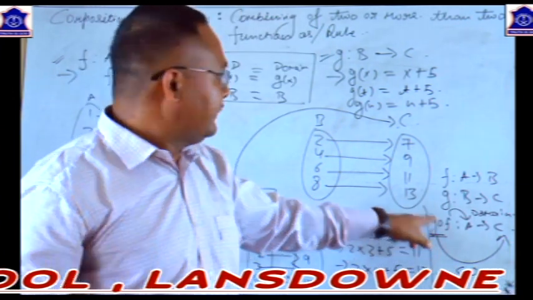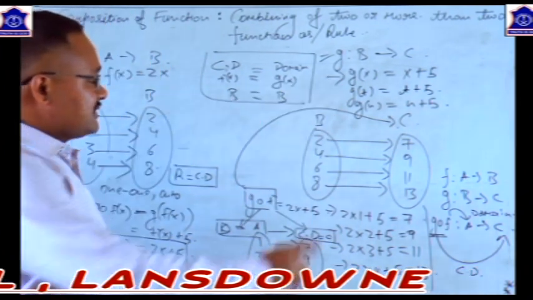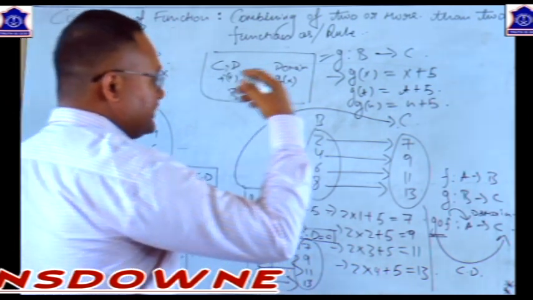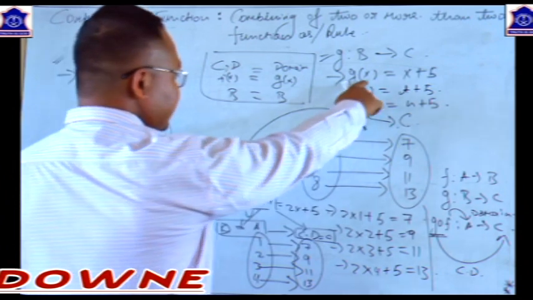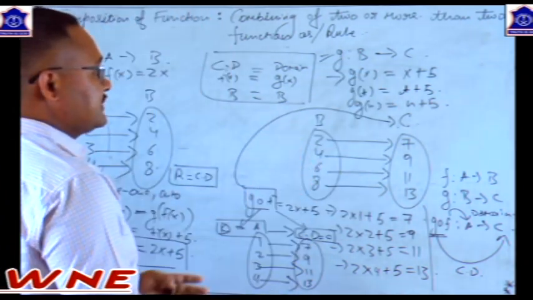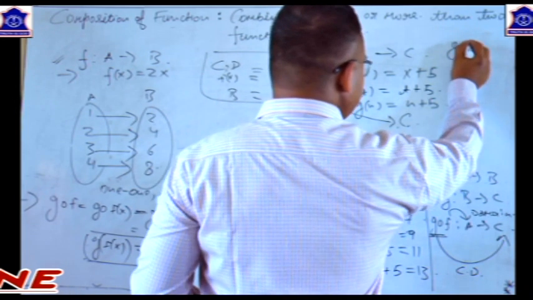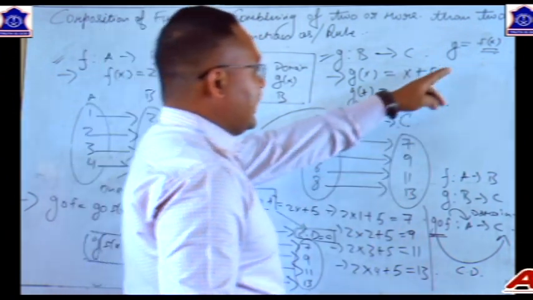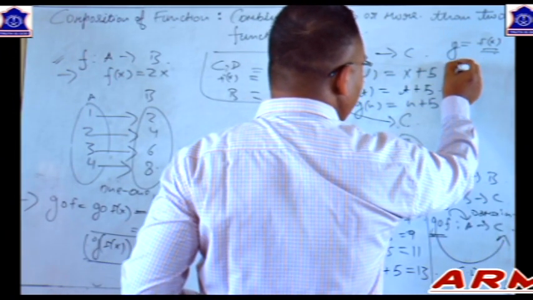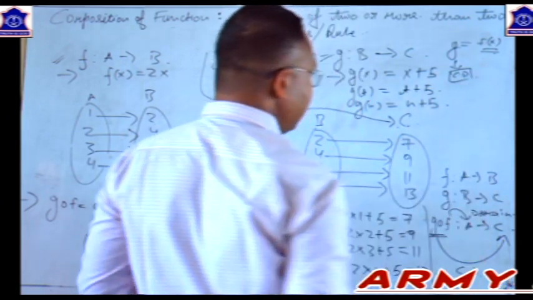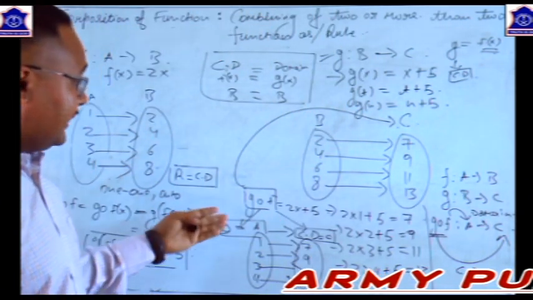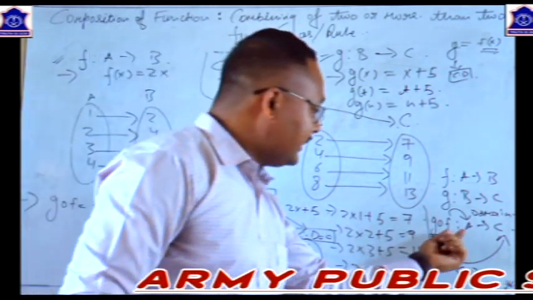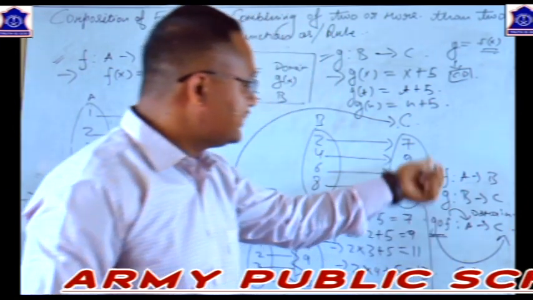Because you can easily see here, g(x) is a function defined as x plus 5, and when we operate g(x), we get a set which is the codomain of this function, because when we define a function it is defined as y equals f(x). So when we operate the function f(x), we get all the elements of the codomain of the function. Similarly, when we get a combined function, we get the domain and codomain in this way.